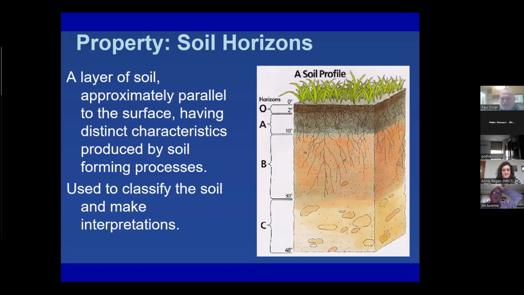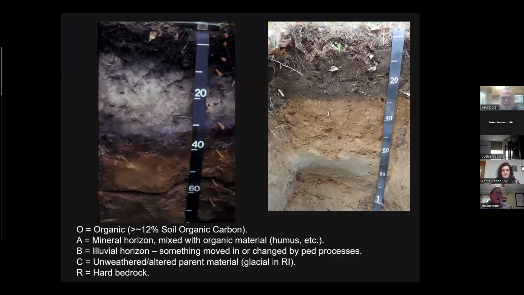We use these soil horizons to basically classify the soil and make interpretations. So you want to know the definition of your master horizons, which are capital letters. And a lot of times you'll see a lowercase letter after the master horizon. The lowercase letter tells you something a little bit more about that horizon, some of the properties there.